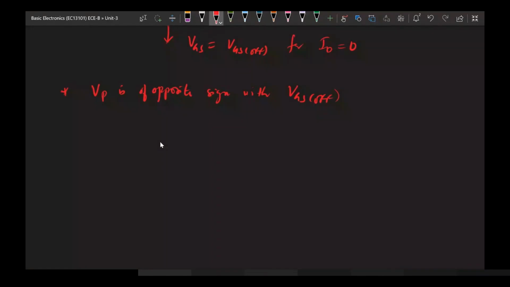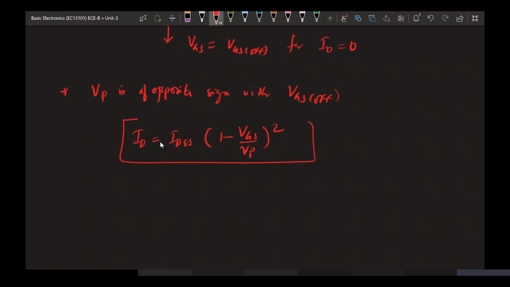So once we have ID equals IDSS times (1 minus VGS by VP) to the power 2. From there, if we want to find out the VGS, the gate to source voltage, by transferring, we can get VP multiplied by (1 minus under root ID divided by IDSS).